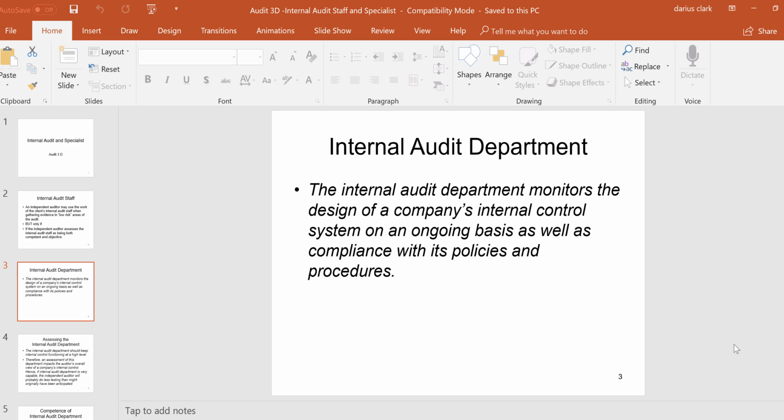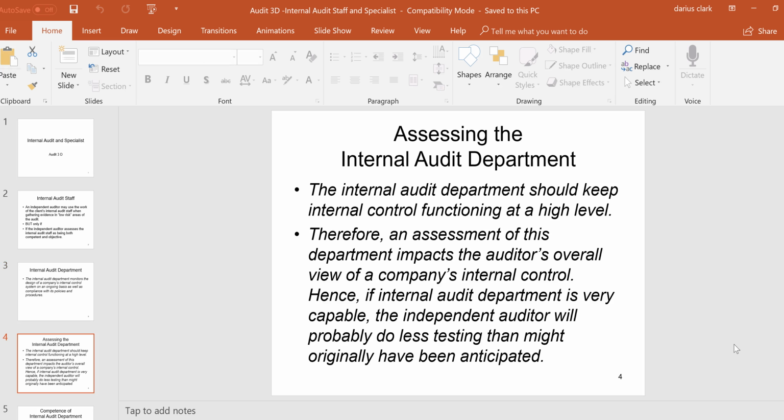So on slide 3, internal audit, their job all year long, they're monitoring the design of the company's internal control system as well as compliance with company policies and procedures. They're making sure the controls are working and functioning. So if they're doing that job well, we might be able to assess them as being competent.